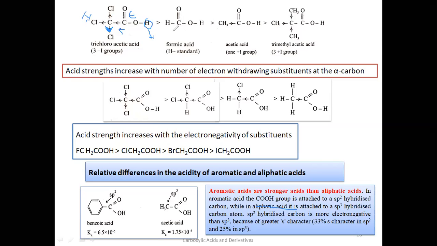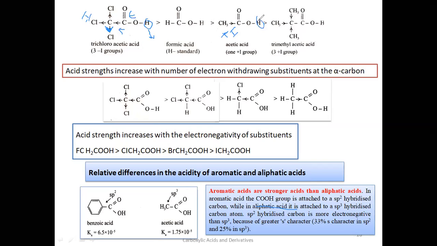Whereas if you see, are there any electron releasing or electron donating groups? There is no electron donating or electron releasing group. It is normal. Now let us see here. There is one electron releasing group. What is that? Methyl. What is the job of methyl? It will push the bonded pair of electrons towards this.